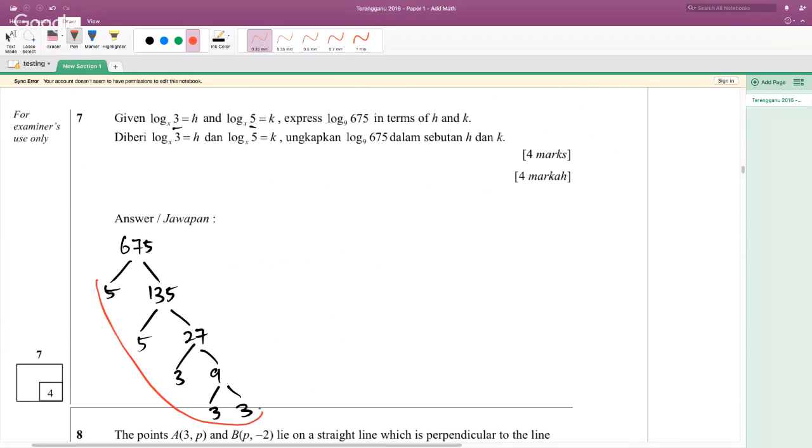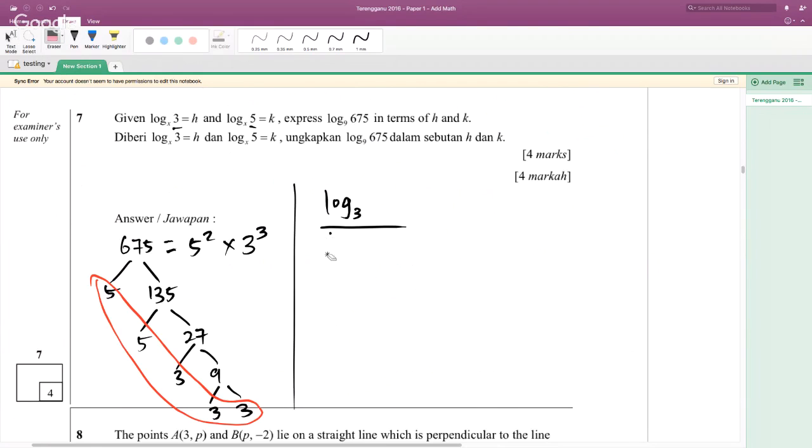All right, so I know that 675 is the multiplication of all these numbers. Therefore, I have double of 5 and triple of 3. So you can double check on your calculator using 5 square multiply 3 power of 3. You will get 675. After I know this one, then the whole question will be very easy. Maybe I change this one to log 3 also.